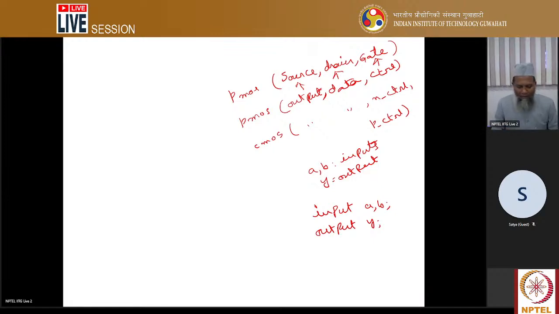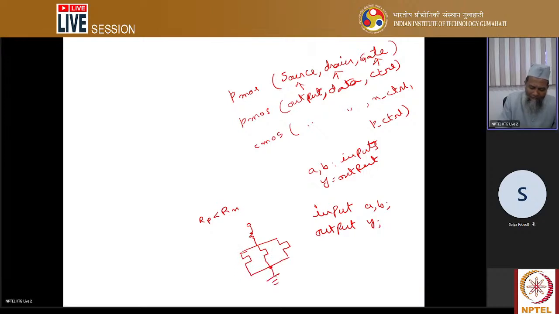In some questions it is written, why is Rp less than Rn in the case of pull up or pull down? I have given one circuit. This is the pull up resistance. Then we have three pull down transistors connected to ground. These are A, B, C, and here we take the output Y. This is basically a NOR operation.